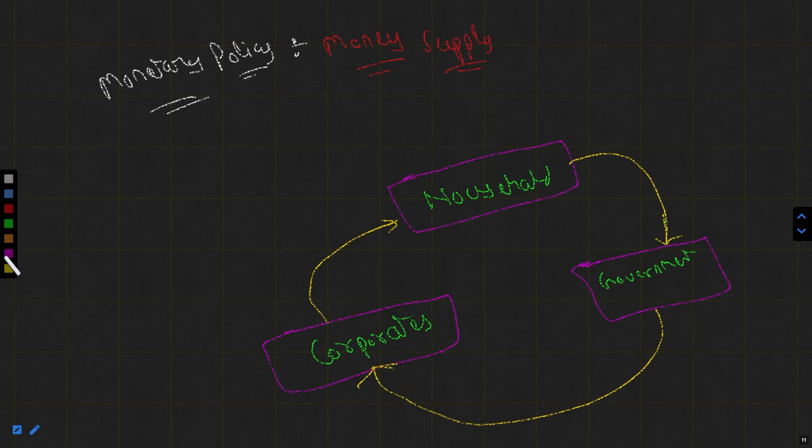Similarly, the households buy the products and services of the corporates, and the corporates pay taxes on various things to the government. That's how the money circulates in the economy.